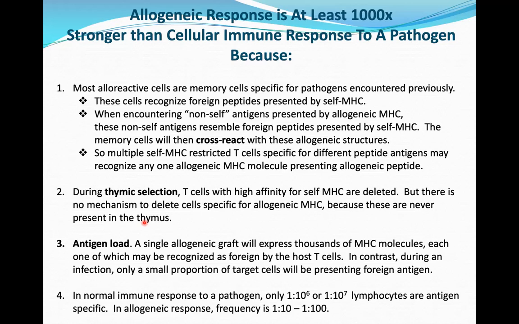But when you are putting totally foreign MHCs into the body, those T cells haven't been exposed to those MHCs, so they haven't undergone that process of clonal deletion. So this is another level of waves of immune attack.